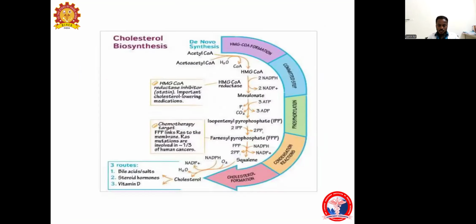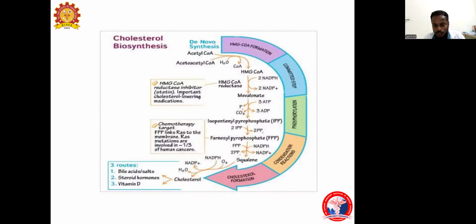So this is the structure. We'll talk about the summary of cholesterol biosynthesis. First, acetyl CoA forms HMG-CoA, a process known as HMG-CoA formation. From HMG-CoA, conversion to mevalonate is called the committed step.